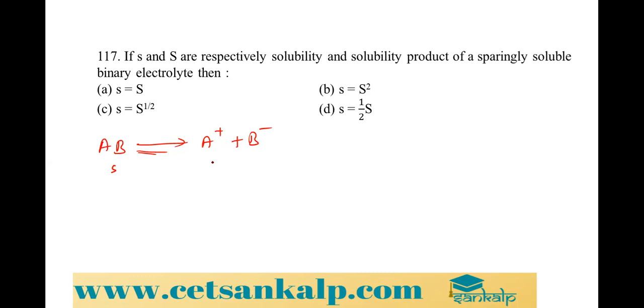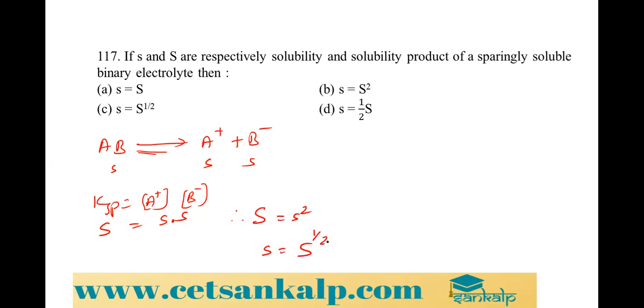Suppose its solubility is s. Then the Ksp value is A plus into B minus concentrations, which is s into s. So capital S is equal to small s into small s. Therefore capital S is equal to s square, or small s is equal to capital S to the power 1/2.